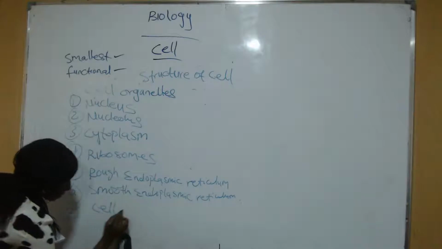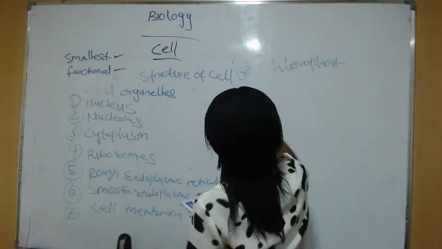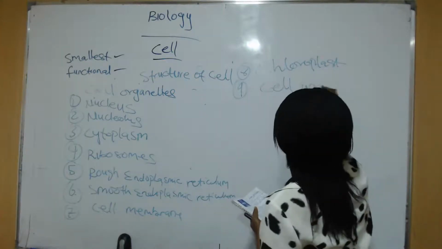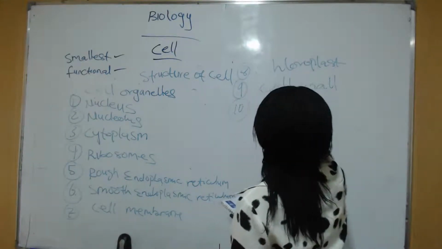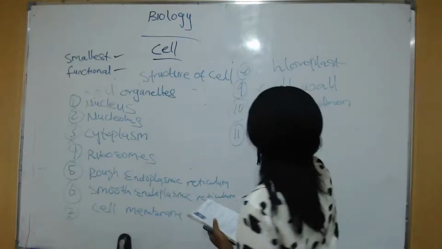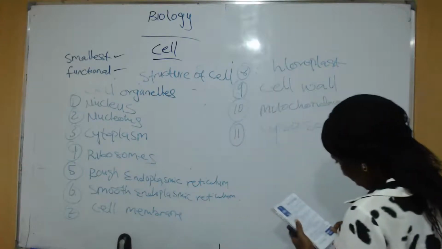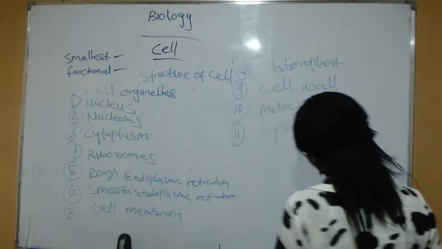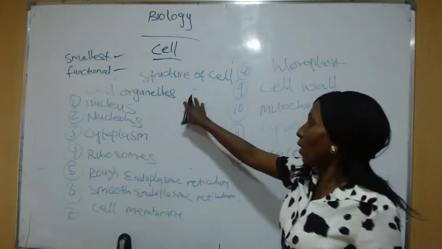You have the cell membrane, you have the cell wall, you have the mitochondrion, you have the lysosome, and you have the vacuoles, either in a plant cell or in an animal cell.